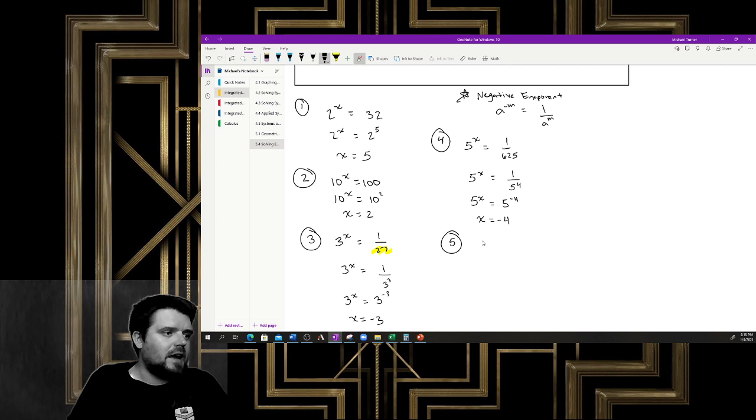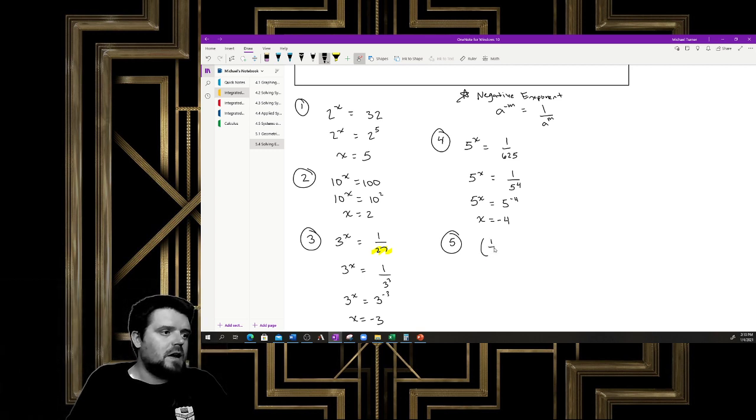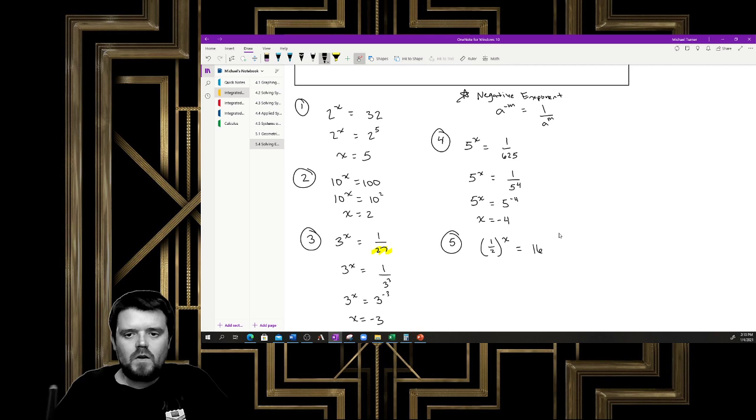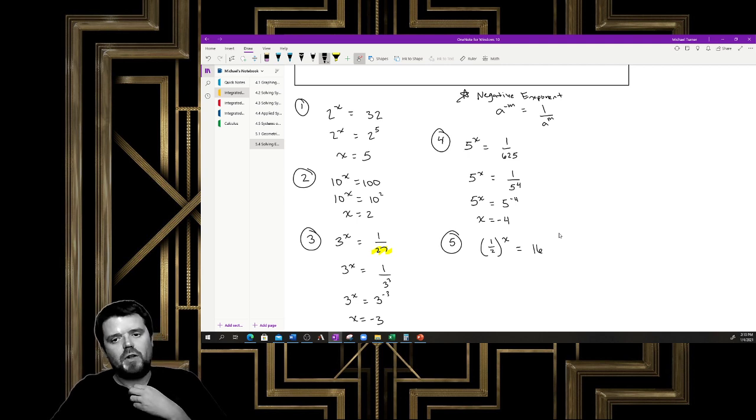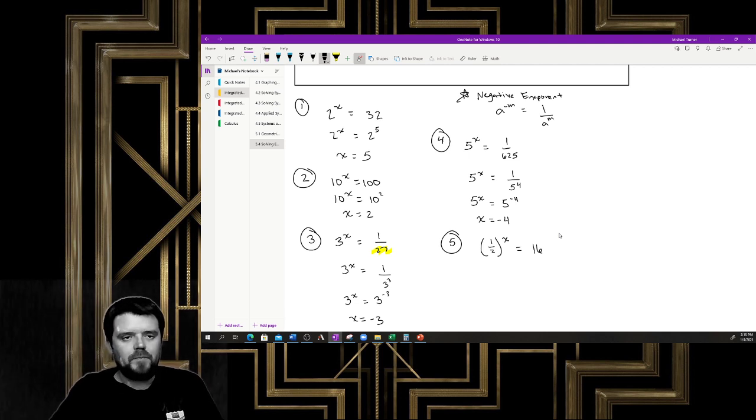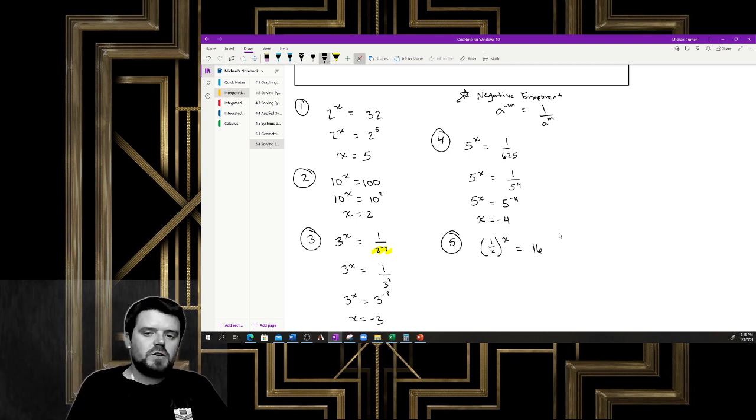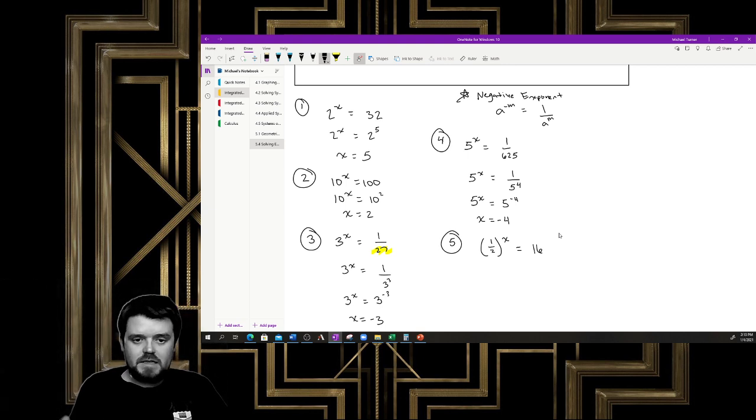So for instance, if I had something like, let's say 1/2 to the x equals, say, 16. Okay. Well, here it's a little tricky because on the left-hand side I have a fraction, on the right-hand side I have a whole number. Well, how do I do that? So what we're going to do is we're going to try to rewrite 16 first as a power of 1/2.